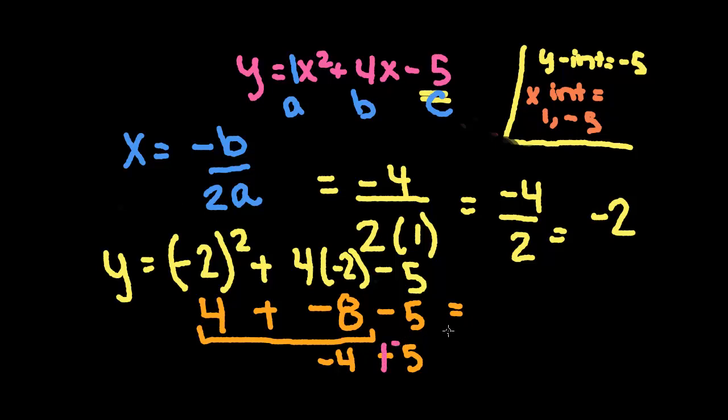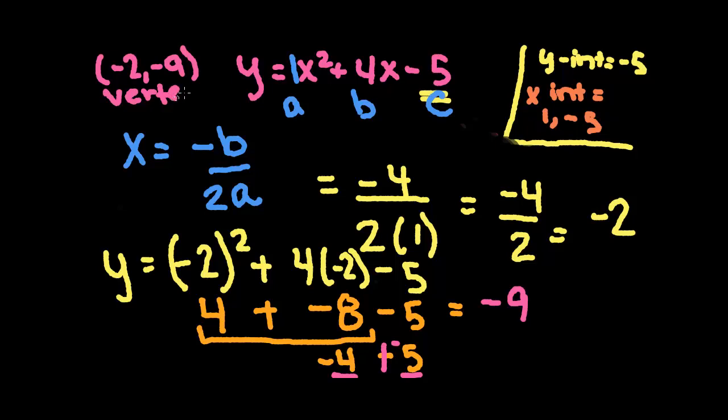That allows me to change all my subtraction problems to addition problems, and I'm much less likely to make a mistake. So I have negative 4 plus negative 5, so that's equal to negative 9. So my vertex is going to be at negative 2, comma, negative 9.